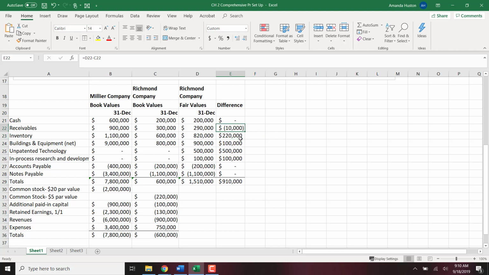It's actually valued at less money for the receivables because some of them probably aren't collectible. There's inventory. There's an increase in actual fair value. There's an increase in buildings. Then we have unpatented technology and in-process development. And there's no differences in the liabilities, for a total fair value difference of $910,000.